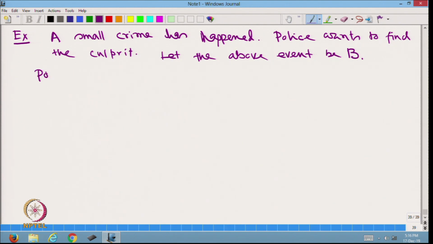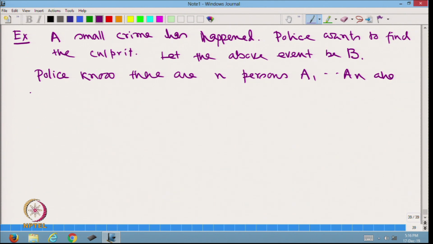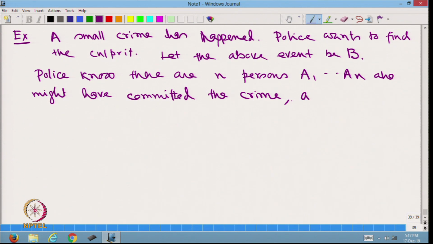Now, police knows there are n persons A1, A2, An who might have committed the crime, and no one else can do it.